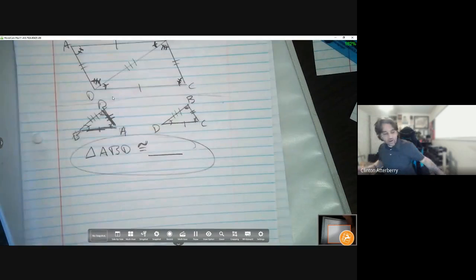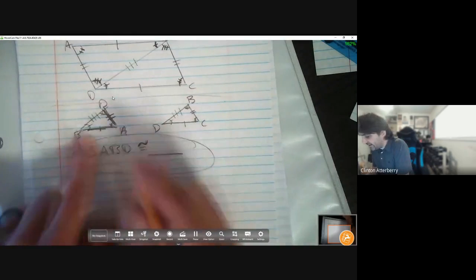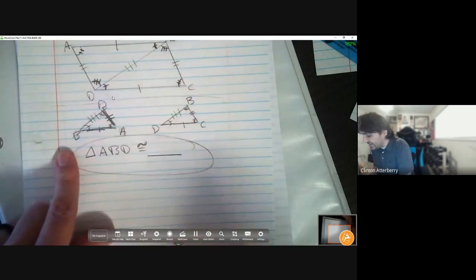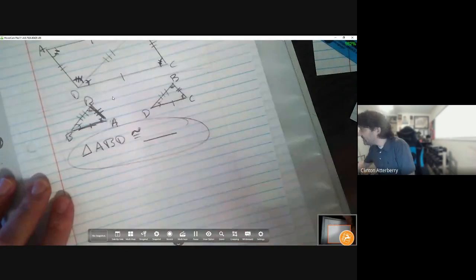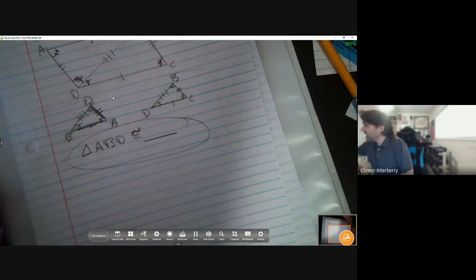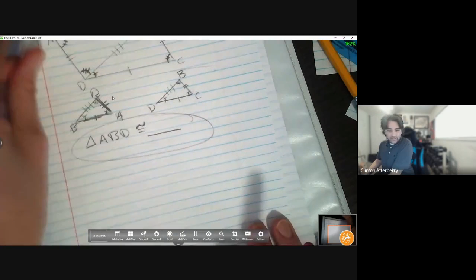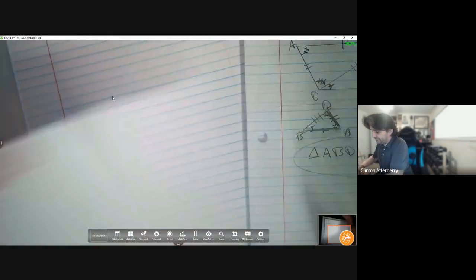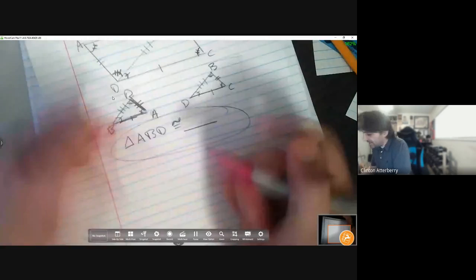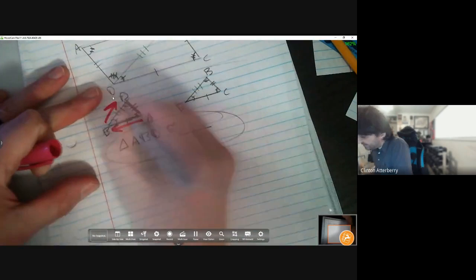So now that I know that it looks like this, I'm going to look at ABD, this side here. You see how it goes from A to B to D. That's how they labeled it.